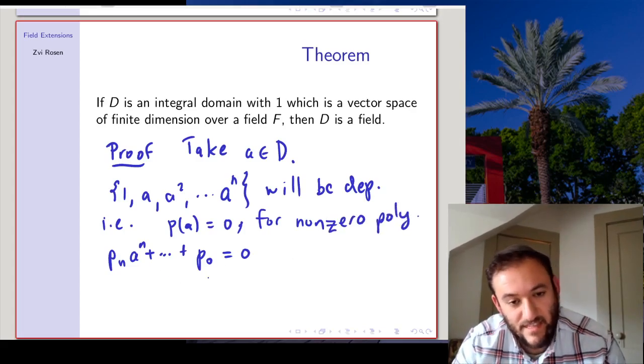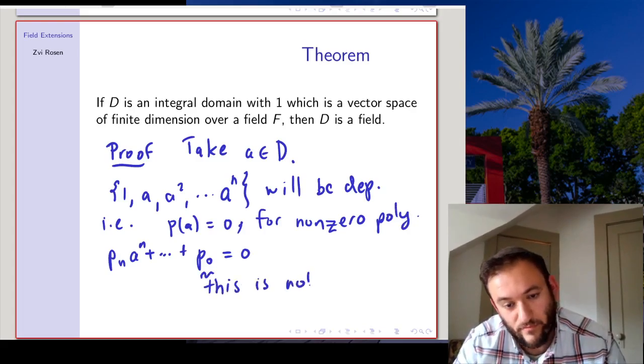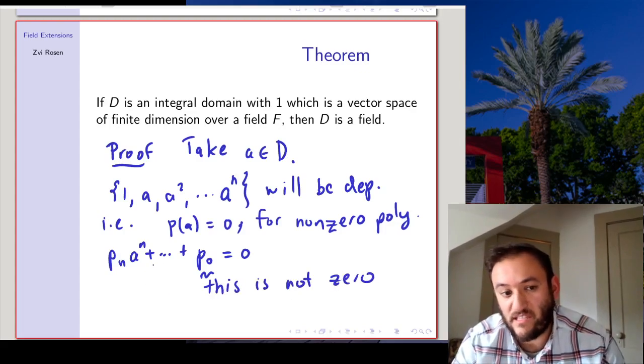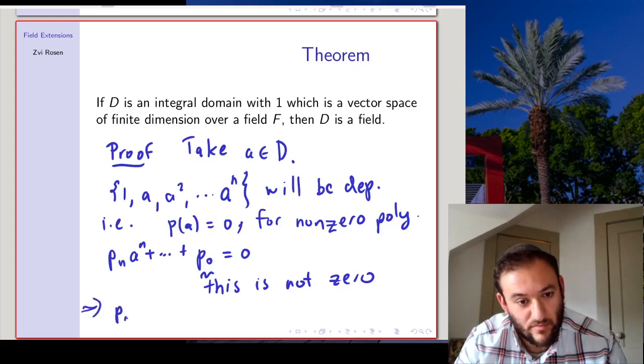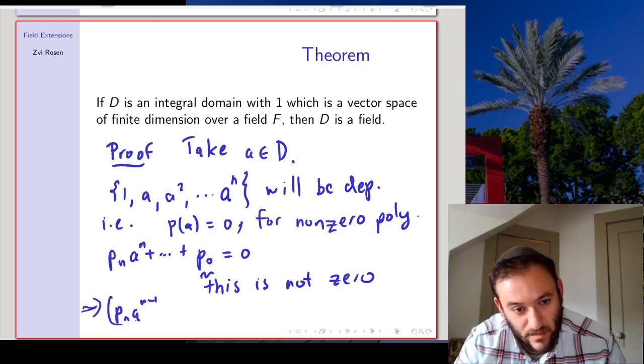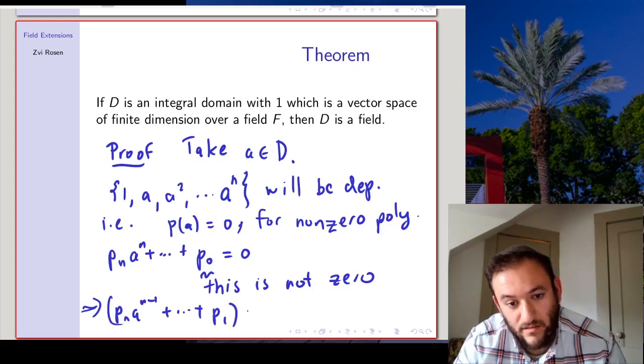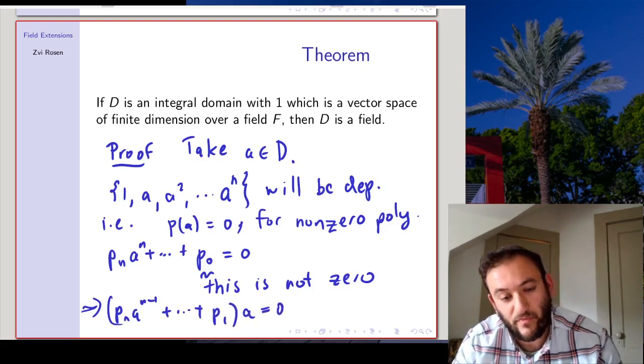So that means we have this, and we're going to claim that P_0 is not 0. If it were 0, then every term would have a positive power of a, so you could factor it out: (P_n a to the n minus 1 down to P_1) times a equals 0.